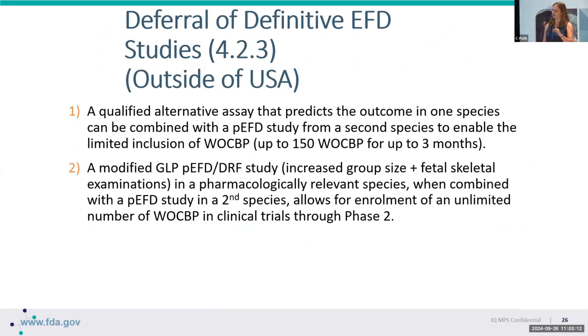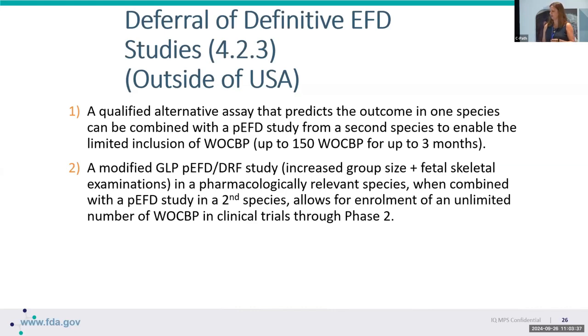A qualified alternative assay that predicts the outcome in one species can be combined with a preliminary embryo-fetal development assay in a second species to allow up to 150 women of childbearing potential for up to 3 months in a clinical study. This is outside the US.